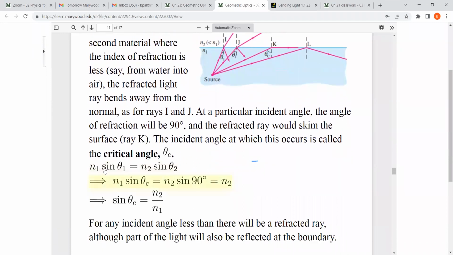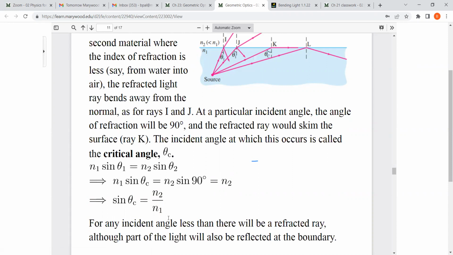So here I show that if we start from Snell's law, you see that the critical angle can be written as the ratio of n2 and n1. n2 means the second medium, where we have the refraction, and n1 is where we have the incident ray. So n2 is the index of refraction where we have the refracted ray, and n1 is the index of refraction where we have the incident ray.